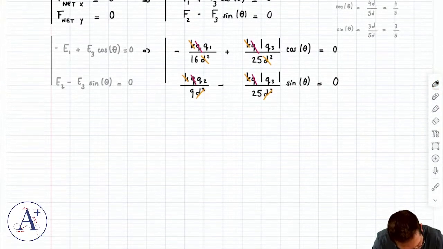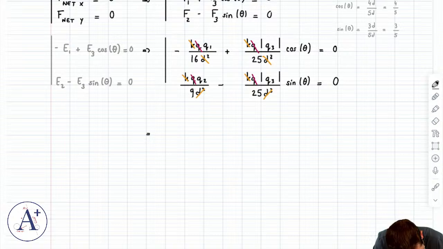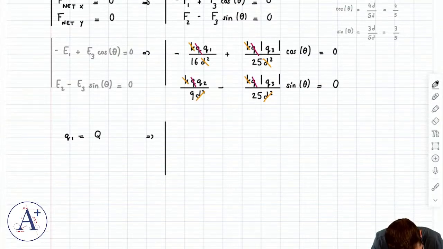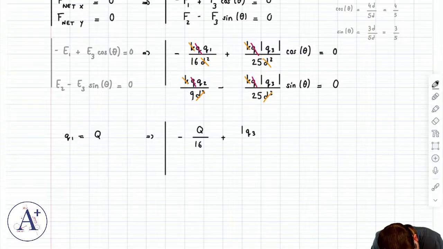All right, and so we're left with something rather manageable, which is, recall, by the way, that Q1 is capital Q. And we're going to get minus capital Q over 16 plus absolute value of Q3 divided by 25. Cosine theta is 4/5 is equal to 0.